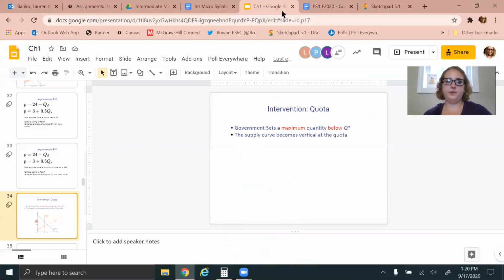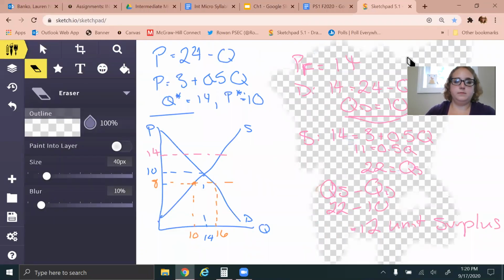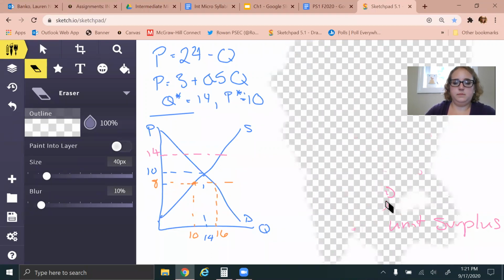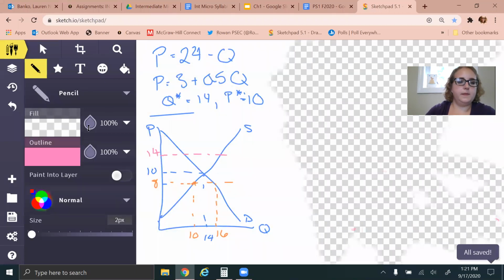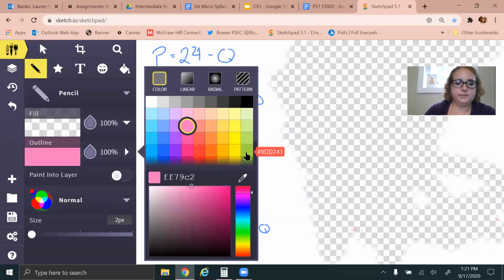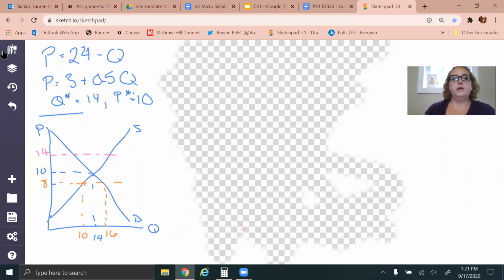So let's go back to the example. Okay. So now, again, if we're setting a quantity for quota, I'm going to put big Q and little q for quota. And that might be, what is this?